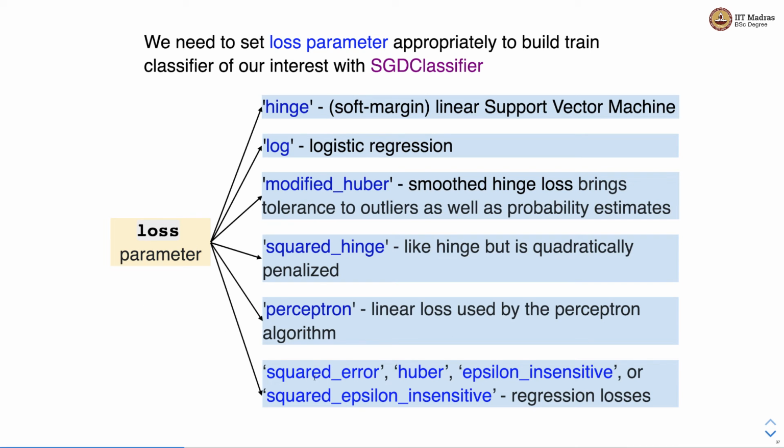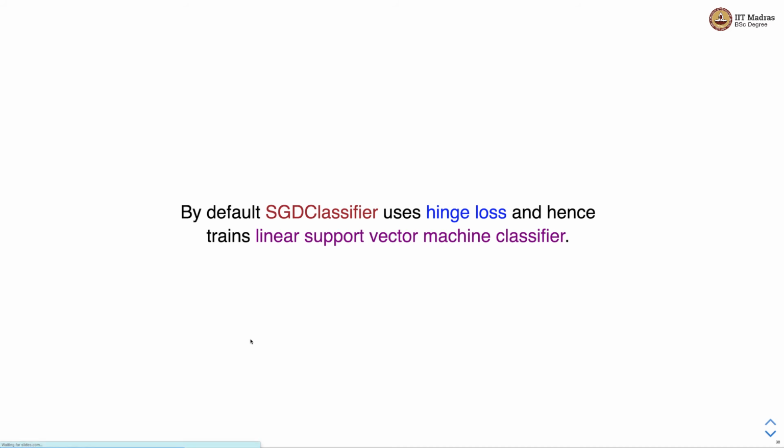When we set the loss to either squared error, Huber loss, epsilon insensitive loss, or squared epsilon insensitive loss, we are basically using the SGD classifier to train least square classification. These are all the losses that are used in regression, and when we set the loss to one of these losses, we are effectively training least square classification. By default, SGD classifier uses hinge loss, and hence it trains a linear support vector machine classifier.